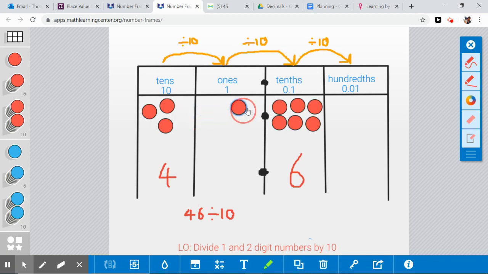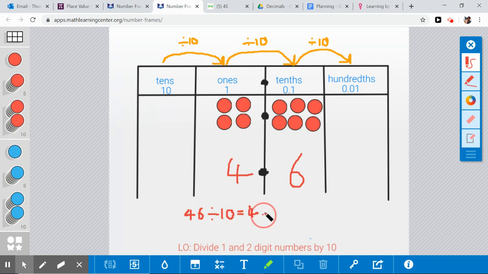So our 4 10s now become 4 ones. They've been made 10 times smaller. And let's just show that with the digit 4. Let's rub it out and let's move it over here. So 46 divided by 10 equals 4.6.